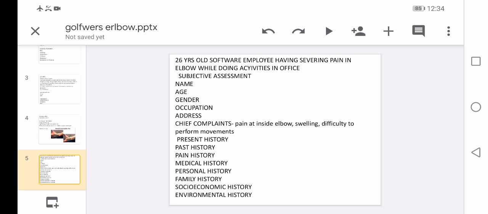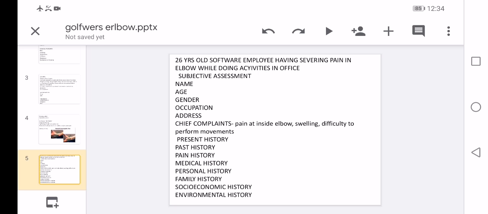Chief complaints: pain at the inside of the elbow, swelling, and difficulty performing movements. In the present history, the date of injury is one week ago. The mechanism of injury might be a twisting injury, the mode of onset may be sudden, and the duration might be acute, subacute or chronic.